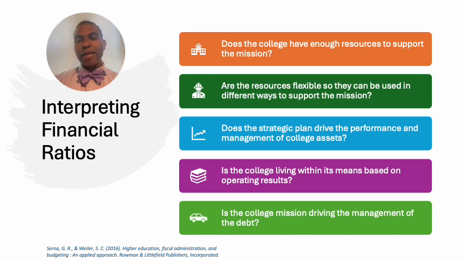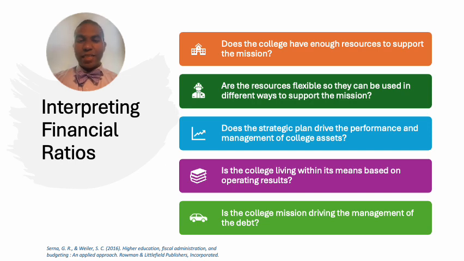Third question, does the strategic plan drive the performance as well as the management of that college's assets? Is there a linkage between spending or the budget and the strategic plan? Ideally, there should be. Fourth question, is the college really living within its means?